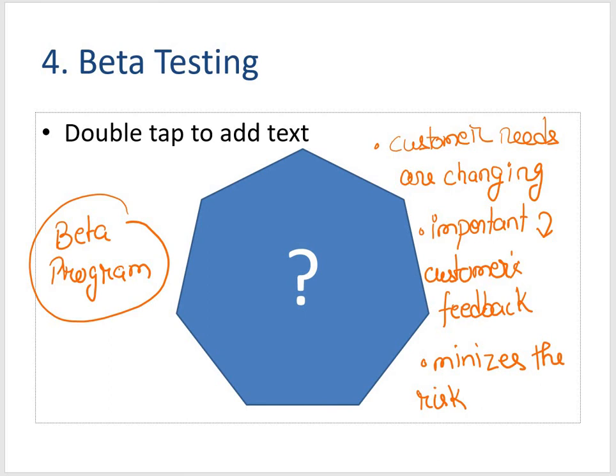So basically, this beta program will run for the specified period, and then all the changes and the feedbacks will be incorporated, whatever the company finds appropriate, and then the final product will be released. Now there are some challenges in the beta testing.